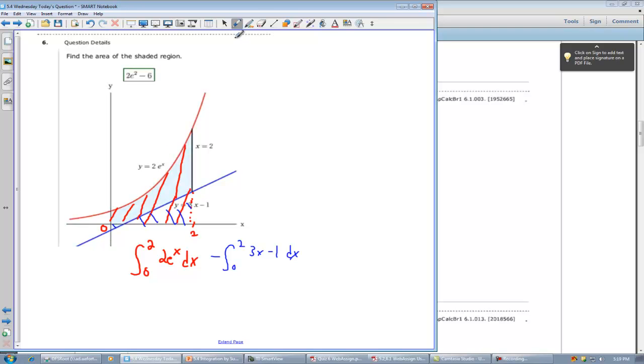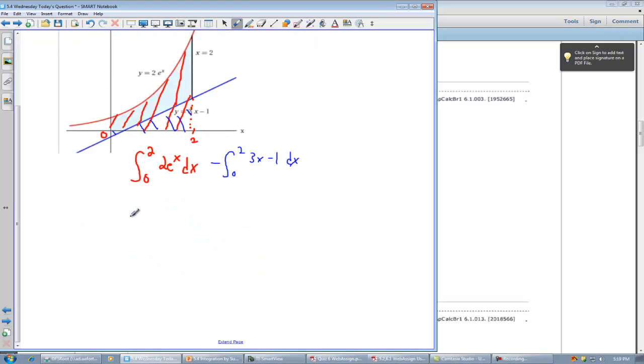All right, so what we can do then on here is we actually can combine these two integrals. So this is actually equal to the integral from 0 to 2 of 2e to the x minus 3x, and then minus a minus, so then this becomes plus 1 dx.